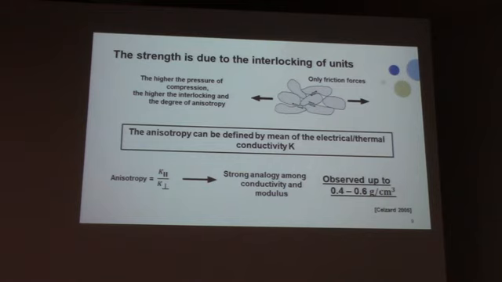And in this work from Cesar in 2005, it has been found out that there is a strong analogy between conductivity and modulus. So we can define also anisotropy by means of the modulus. So modulus in the in-plane direction and through-plane direction.